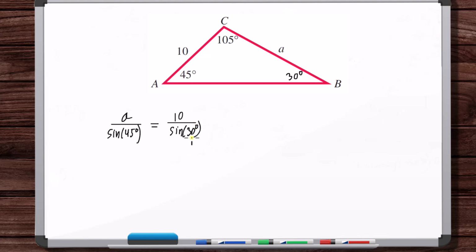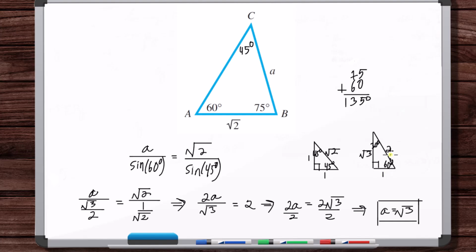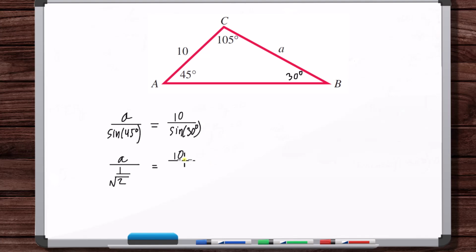Okay, so sine of 45 we saw was 1 over root 2, and sine of 30 is 1/2. So, all right, A root 2 is equal to 20.